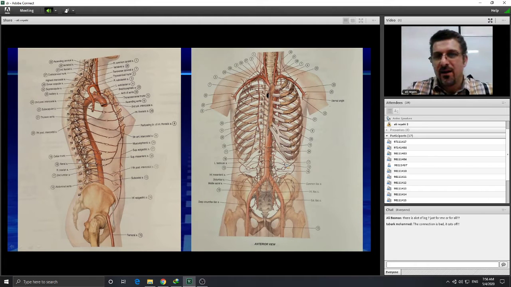At the level of the sixth intercostal cartilage, the internal thoracic artery is divided into two terminal branches: the musculophrenic and the superior epigastric artery.